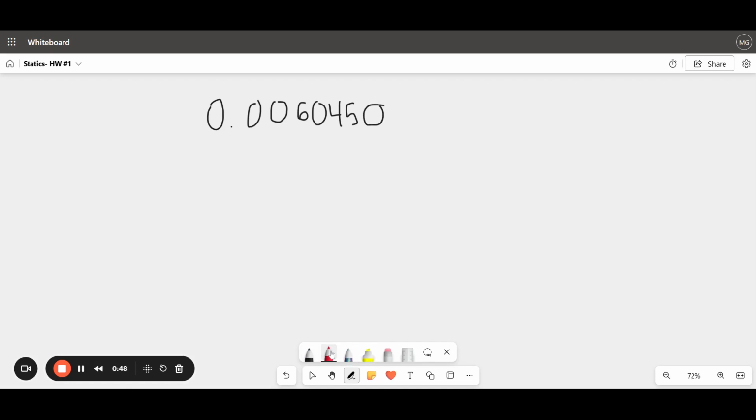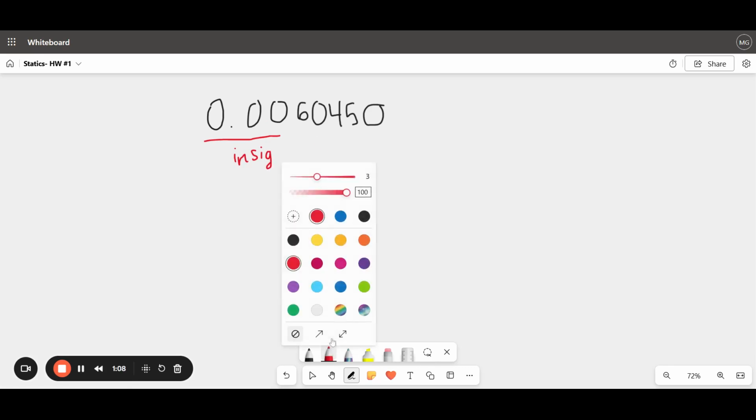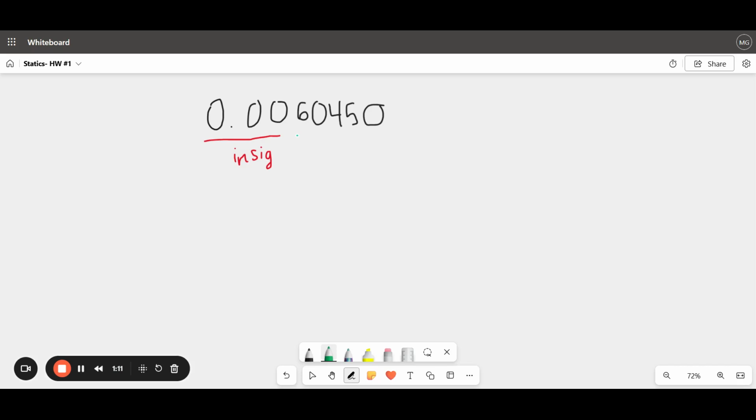So basically, any zeros before the decimal point and leading the main digits here, that's going to be insignificant. That's not going to be important. It's actually when you hit these numbers right here, including the 0 here too.